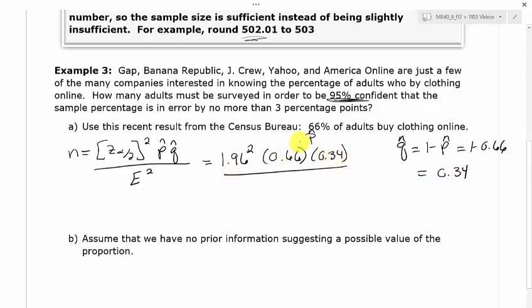And then we divide that by the error squared, and so 3 percentage points would be the same as 0.03. When you type that into your calculator, you should get 957.83 and a bunch of other decimals. So again, we always round that up, so we would want a sample size of 958.